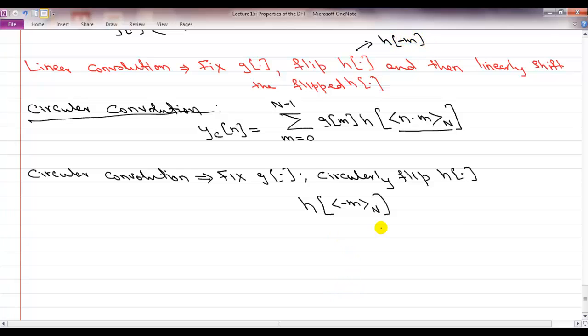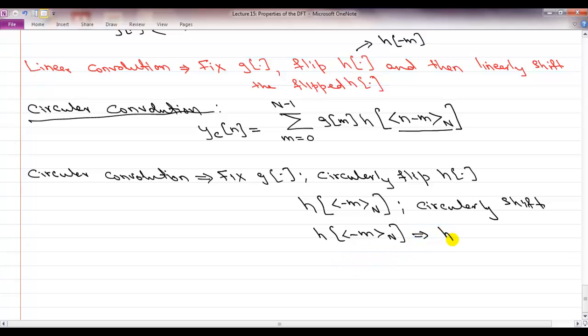Then, to compute your output at little n, in the linear world you linearly shift the flipped version. What we have to do in circular convolution is circularly shift h of minus m. How do we circularly shift that?